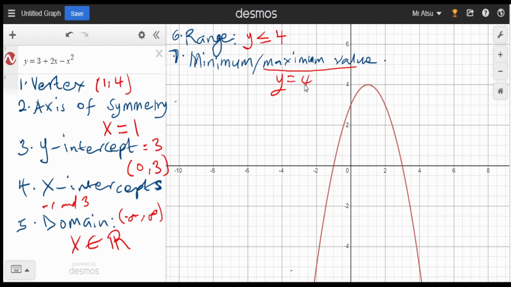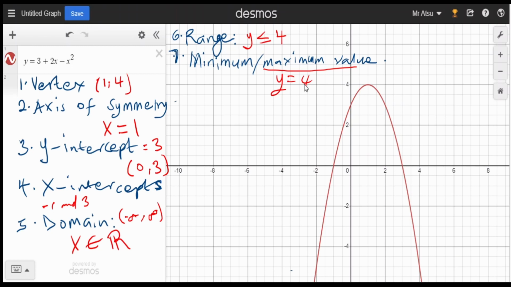Then we spoke about the maximum and minimum value, where we said that depending on the nature of the parabola, the minimum or maximum value is the lowest or highest point on the graph, respectively. For this particular parabola, which opens downwards, the highest point of the graph is 4 along the y-axis.